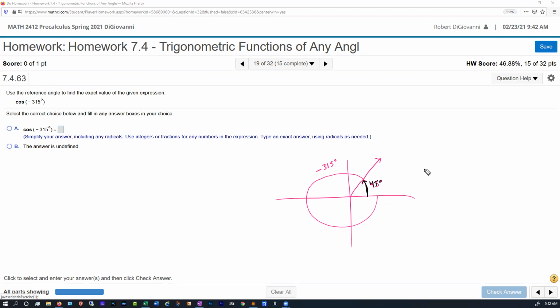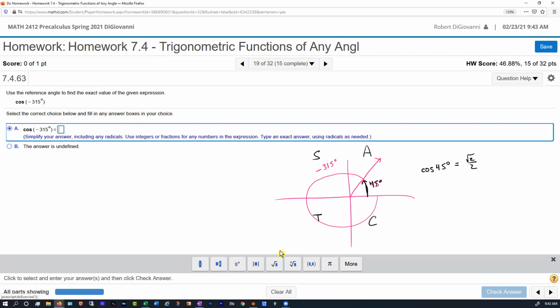What we're going to look at is cosine of 45 degrees, and that's the x coordinate there, which is √2/2. You should know that by now. Then we think about all students take calculus. We're in the first quadrant, so all the trig functions are positive. So this should just be √2/2.